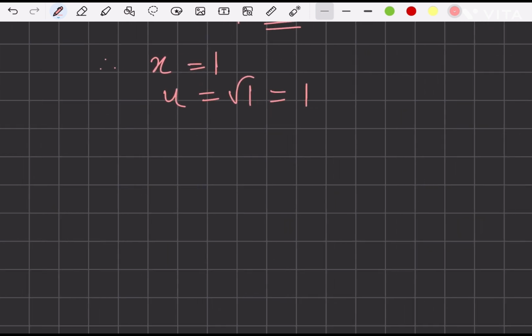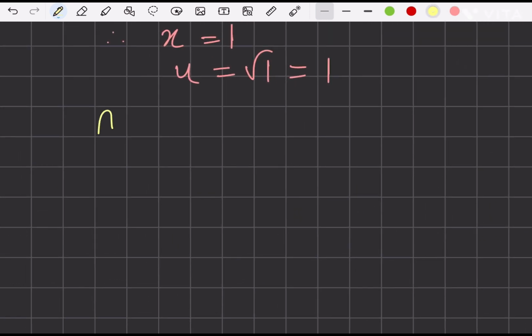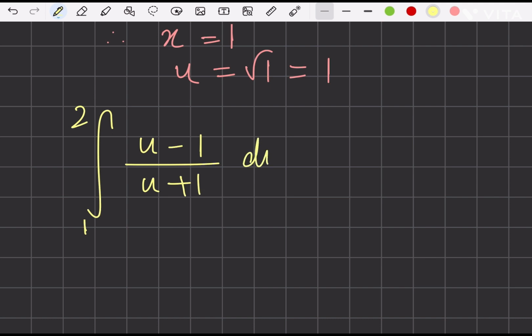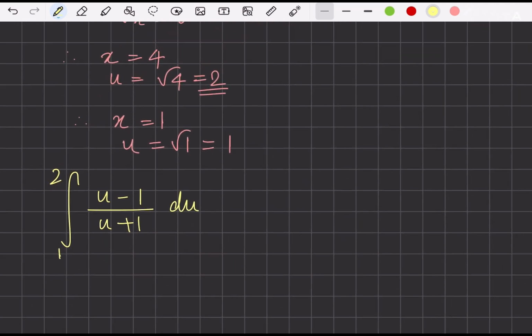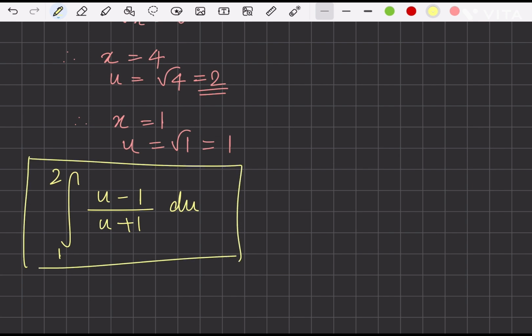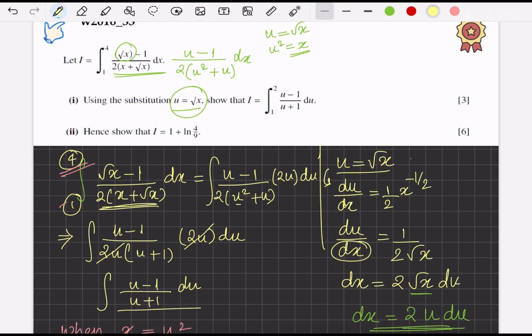So now I can write my equation as integration from 1 to 2 of u minus 1 over u plus 1 du. Alright, so this is what I had to prove. So the first part is done.